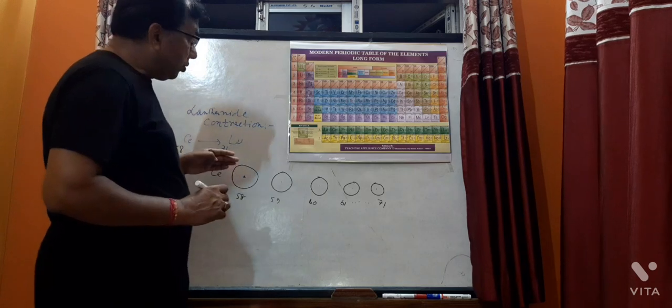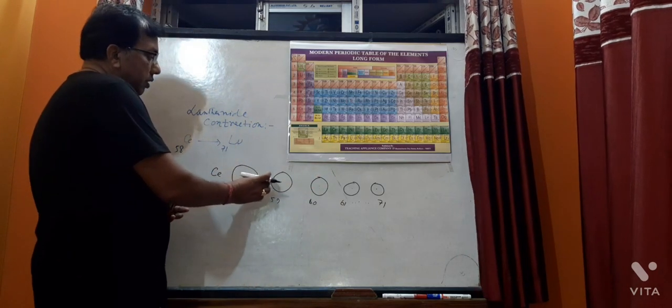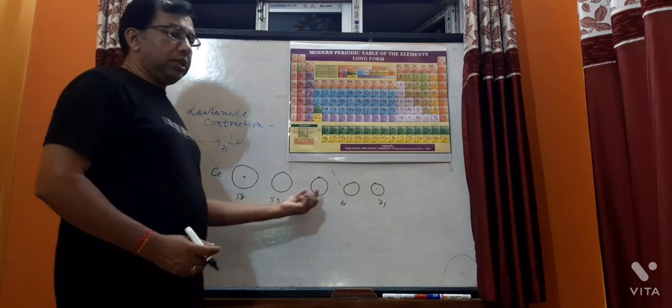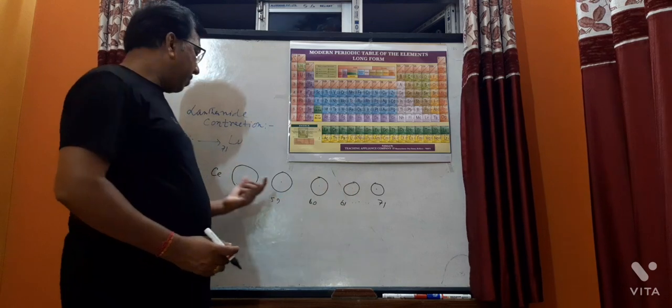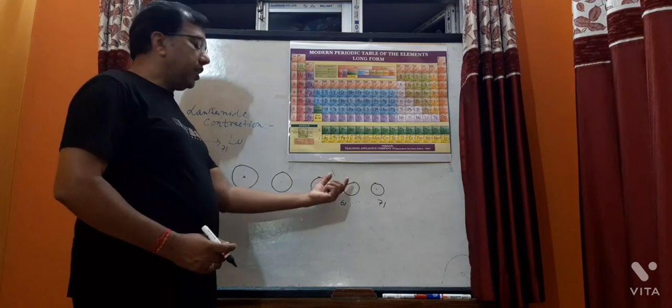If we go in this way, we see the atomic radius is gradually getting smaller. The attraction is higher, the nuclear charge is higher.